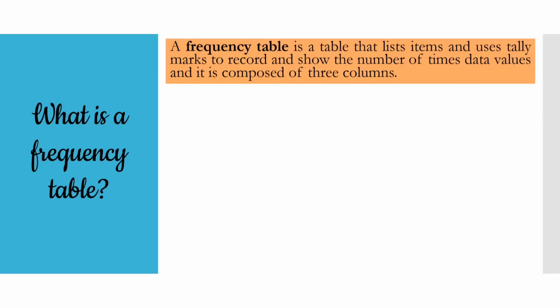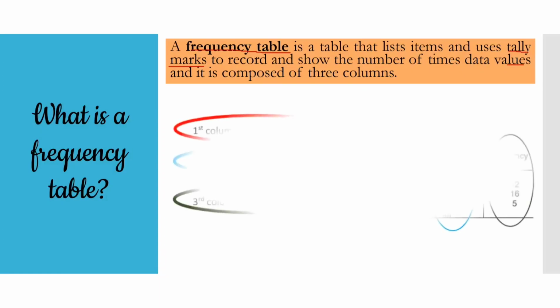This time, let us define frequency table as a whole. A frequency table is a table that lists items and uses tally marks to record and show the number of times data values appear, and it is composed of 3 columns.